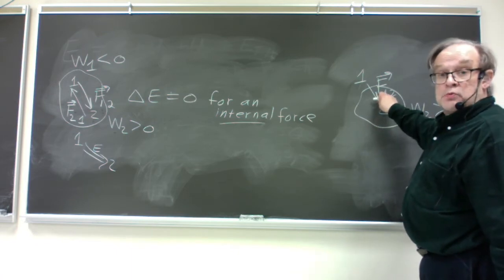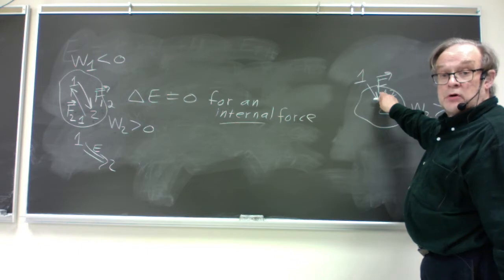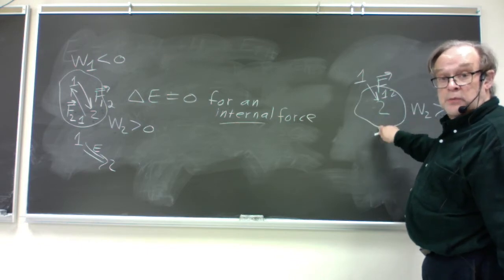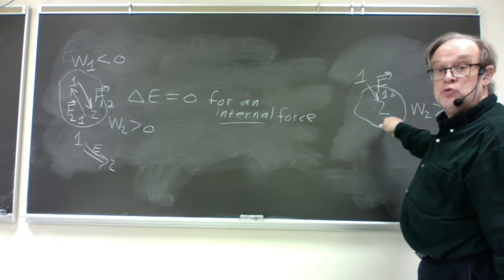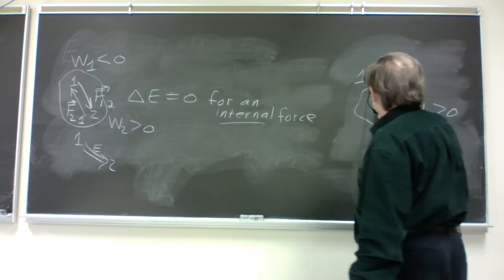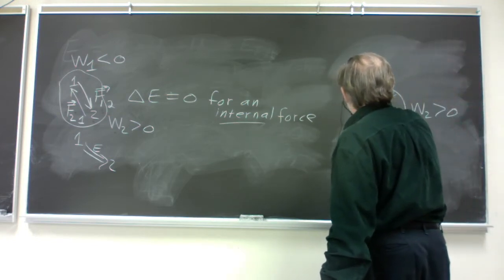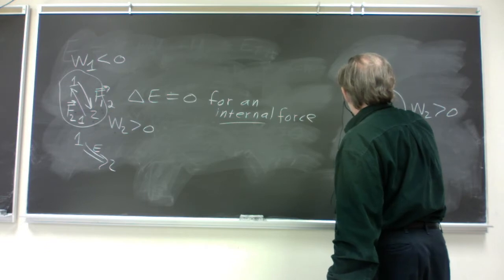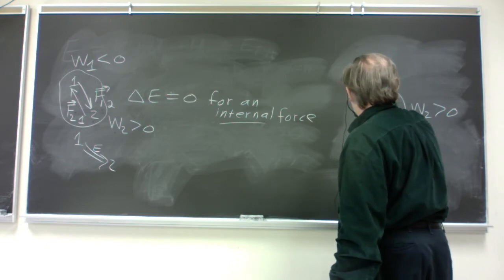Since this force is present, then Newton's third law tells us that there's an equally strong force in the opposite direction from thing 2 back on thing 1. From thing 2 on thing 1.